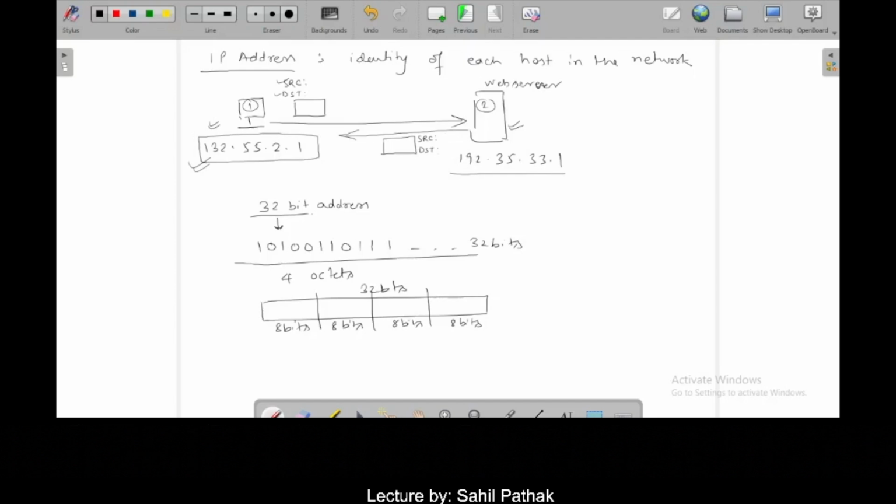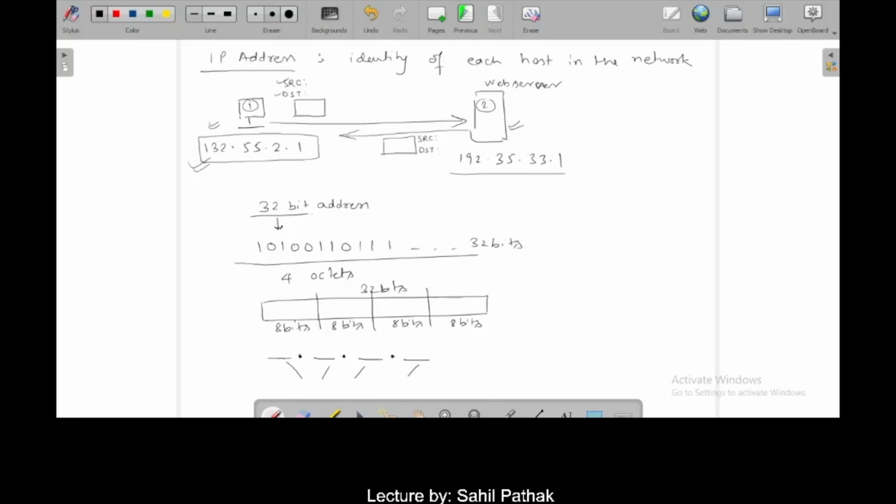Each 8-bit chunk is separated with a dot, so there are 4 octets, all separated by dots. This is what we call the dotted notation for the IP address.